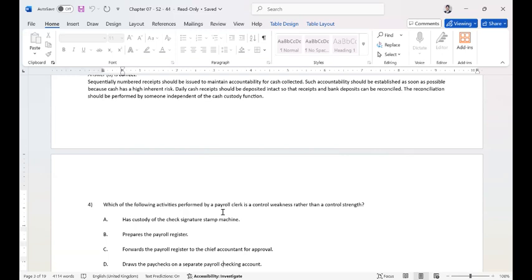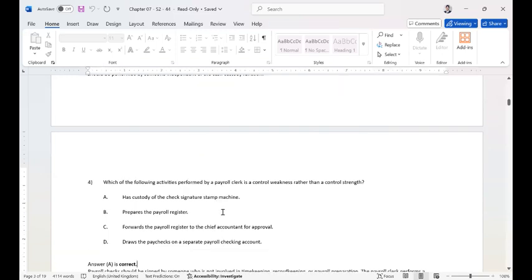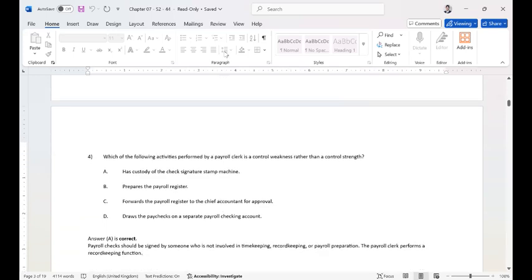Ah, hmm. A or D? A, yeah. A is the one. And the payroll clerk with the signatures. Yeah, A. Payroll clerk is a record keeping person. No, you can't be having the authorizing powers also.